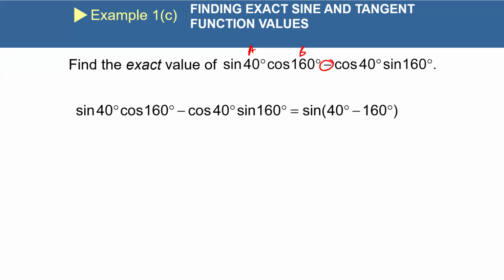Okay, so once we establish our A and our B and which one of our sum and difference identities we use, then we just start working it. So 40 minus 160 is negative 120. So you either can work the problem as negative 120 or you can find its coterminal. How would I find its coterminal?